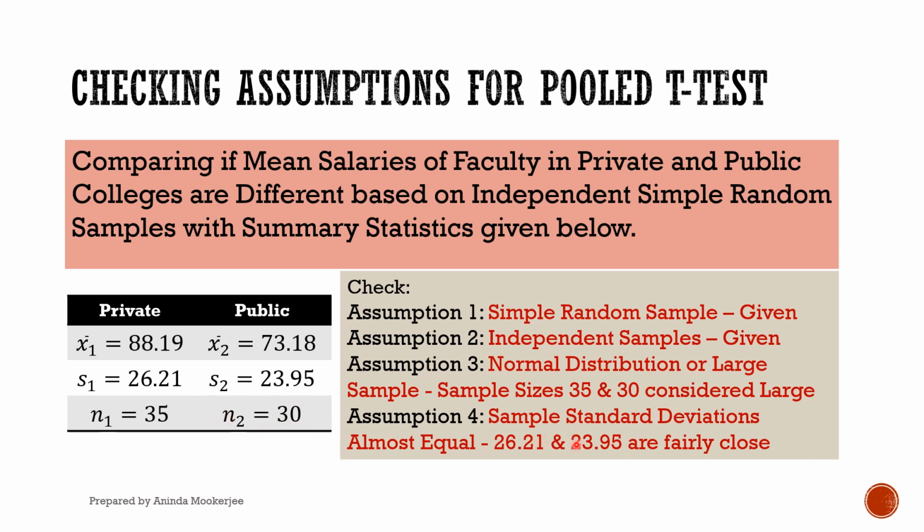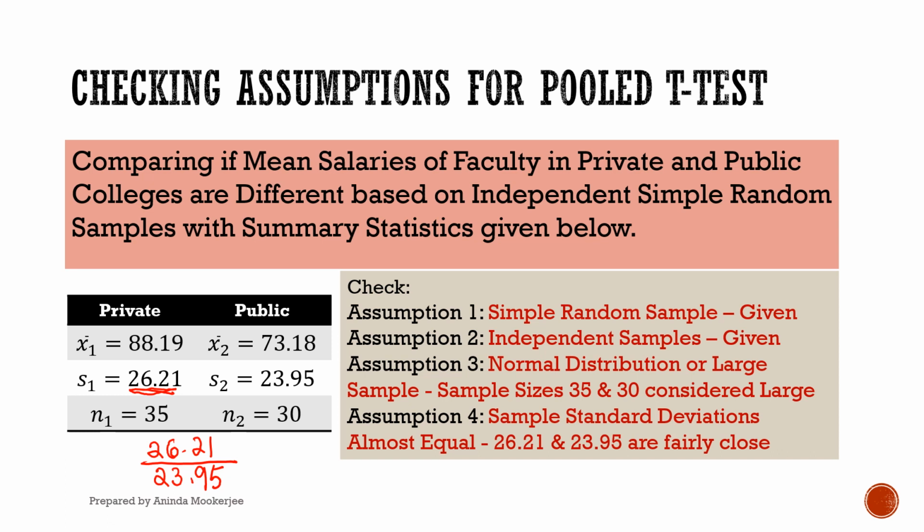What I would suggest is to take the higher of the two standard deviations, say 26.21, and divide it by the smaller standard deviation value, which is 23.95, and find its ratio.